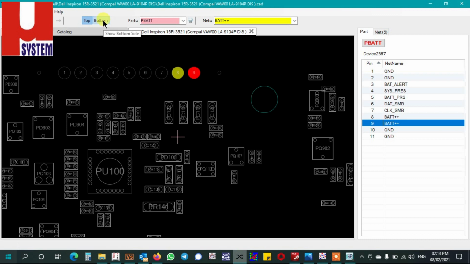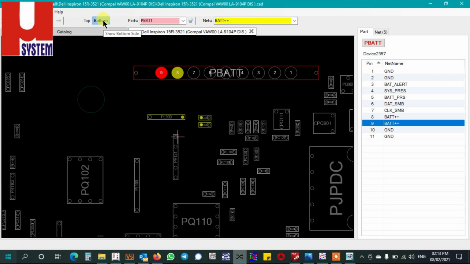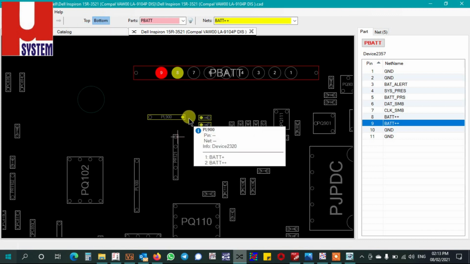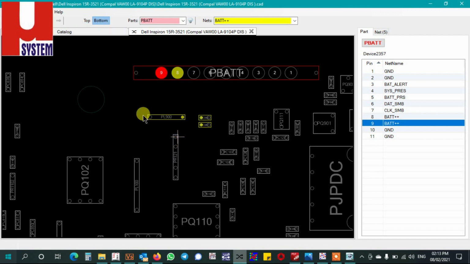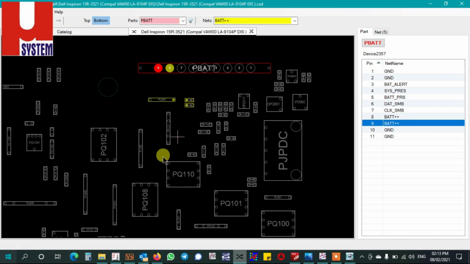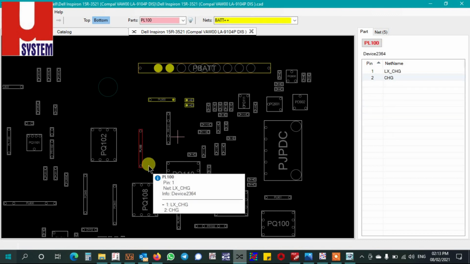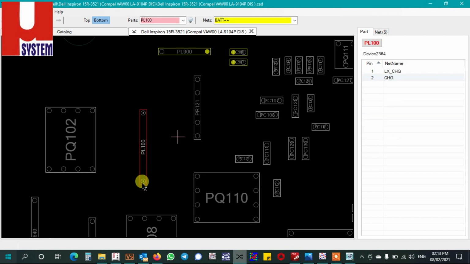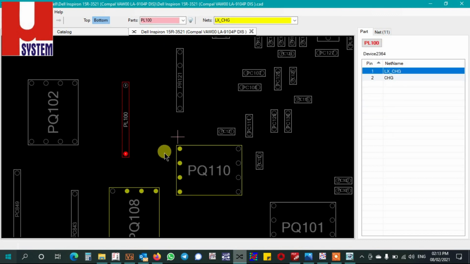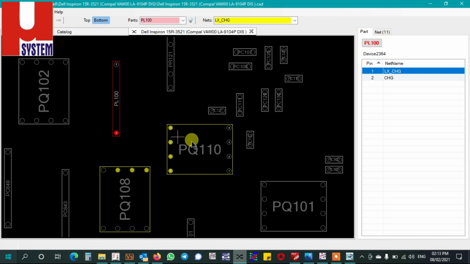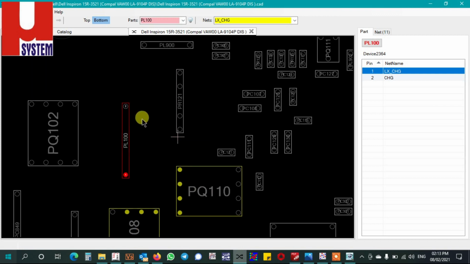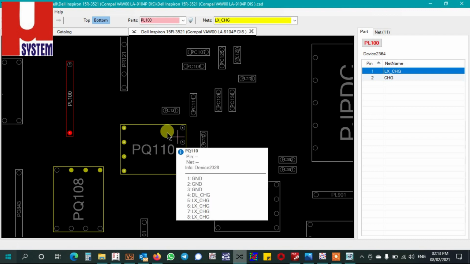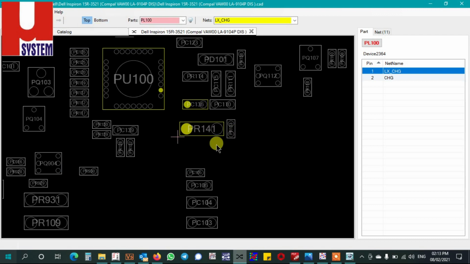Okay. And on the bottom side, over here, I have shown you the PL 900 is there. Then PL 100 is there. This is a PL 100 coil. I have shown that these MOSFETs are connected with the charging circuit.